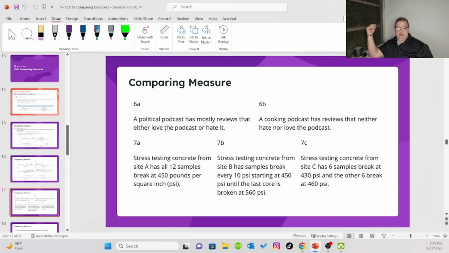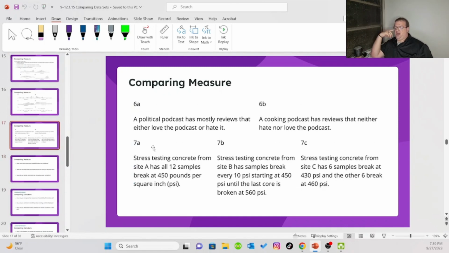So that tells me that I'm going to have mean and standard deviation because it's symmetrical data. And then if I have bimodal where my dots are out on the ends instead of bell shape where my dots are in the middle, the bimodal political podcast is going to have the larger variation.